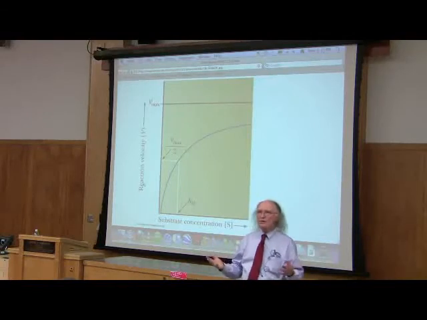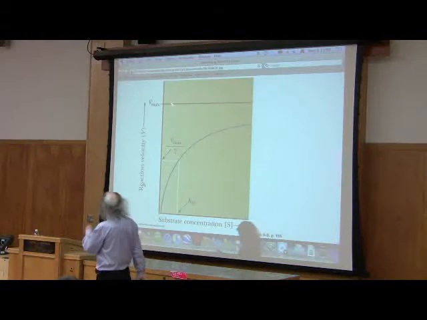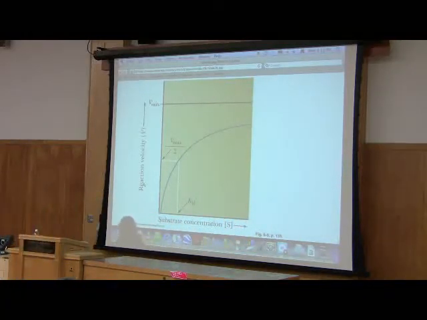I can measure and I can compare those very readily. So I want to think not about Vmax, but about Vmax over 2. Okay? The question I'm asking is, how much substrate does it take to get to Vmax over 2? How much substrate does it take?